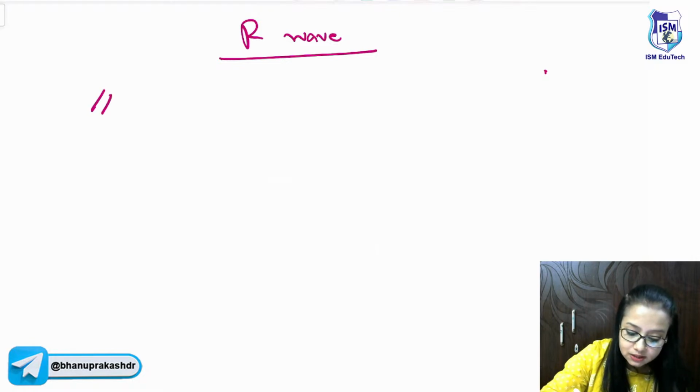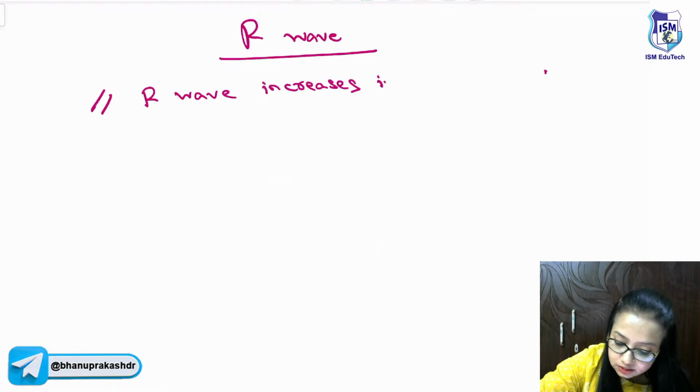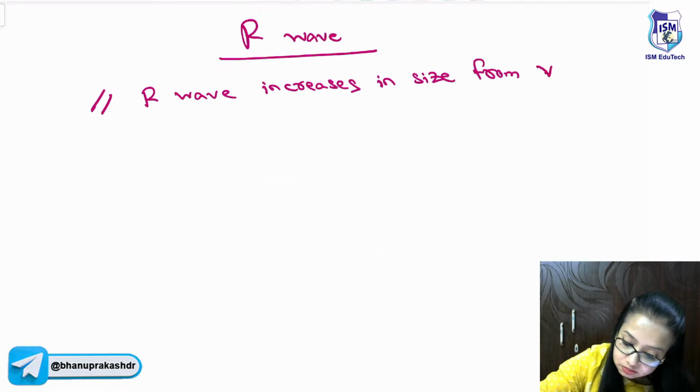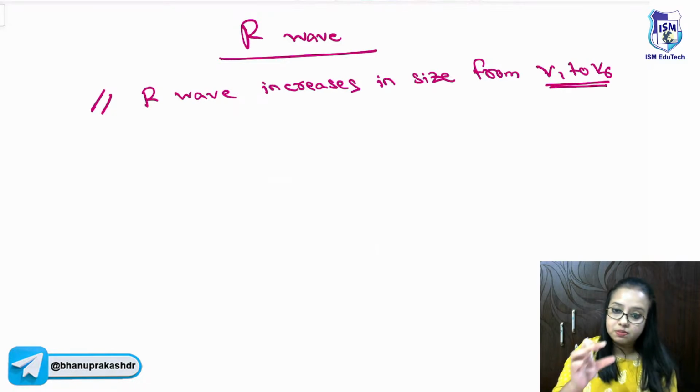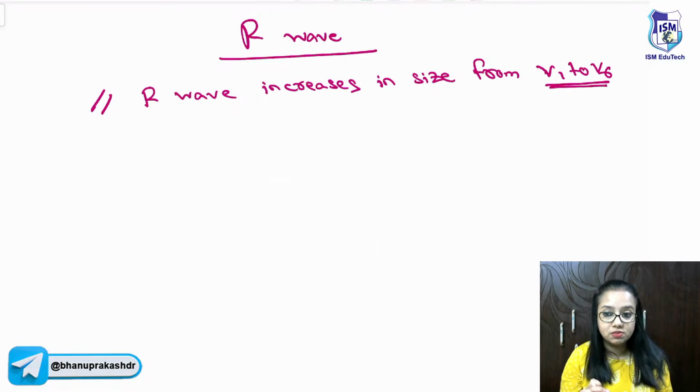Now typically the R wave increases in size, that is in amplitude, from V1 to V6. The amplitude is smallest in V1 and then it increases to V6.